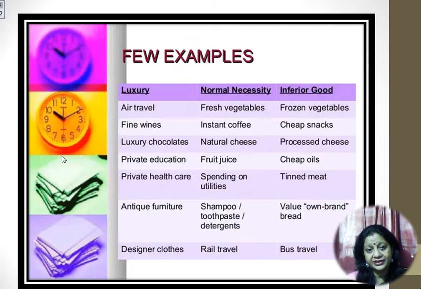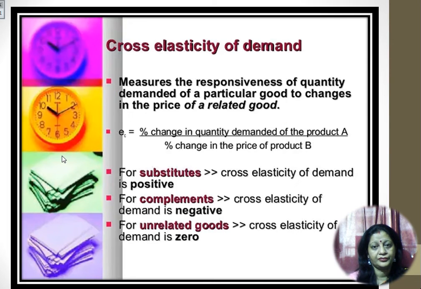Antique furniture is luxury, shampoo, toothpaste, detergents are normal necessity, and value own brand bread is inferior. Designer clothes are luxury, rail travel is normal, and bus travel is inferior. So these are some of the examples by which you can distinguish between luxury, normal, and inferior goods.